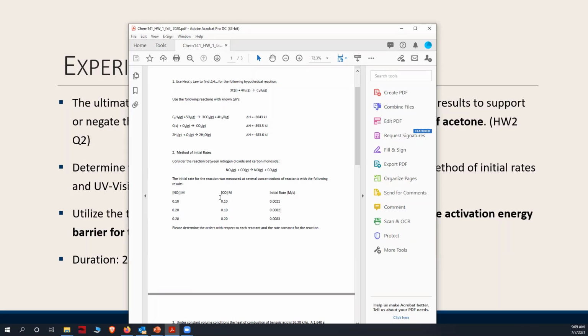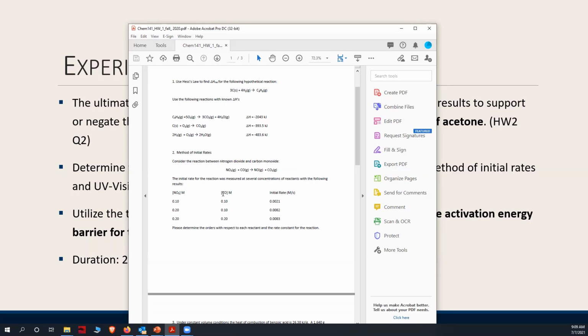In this case, which is going to be very similar, we're going to make one reactant at a constant concentration and change the concentration of the other reactant and then measure the different rates. So we can figure out if that reactant is first order, second order, or zero order.